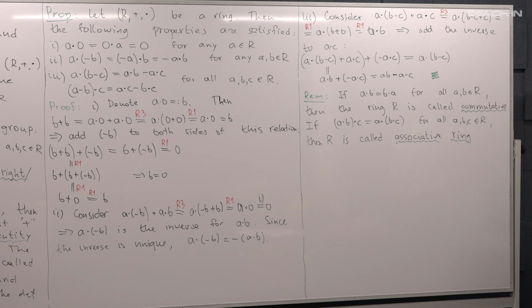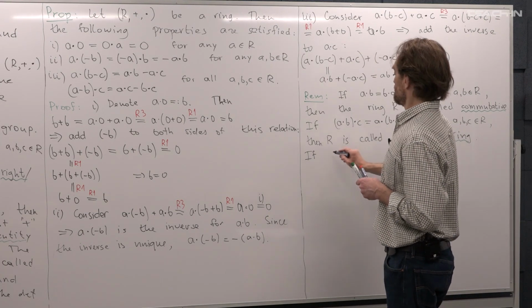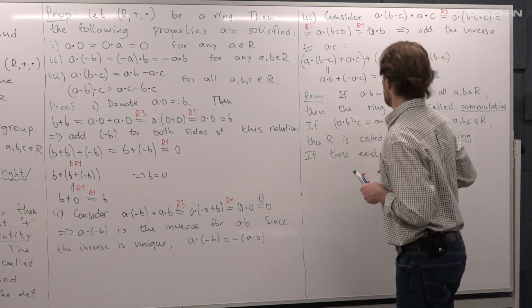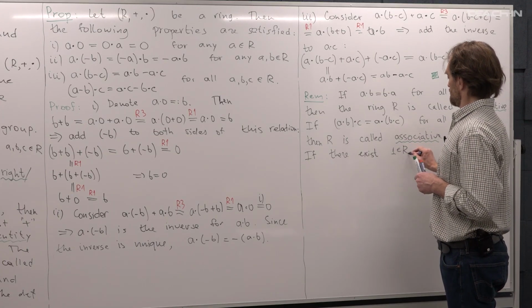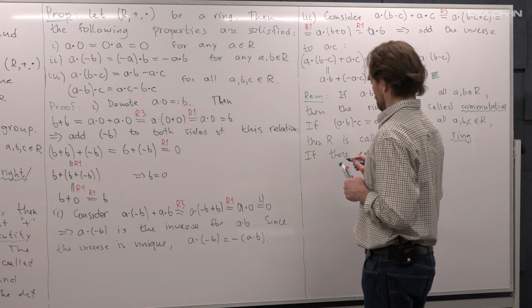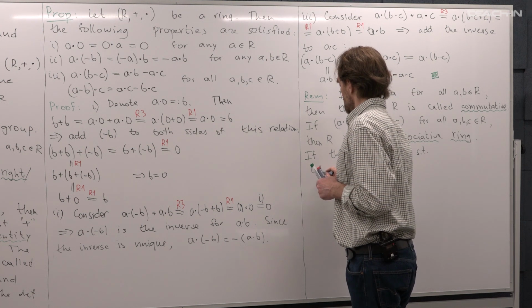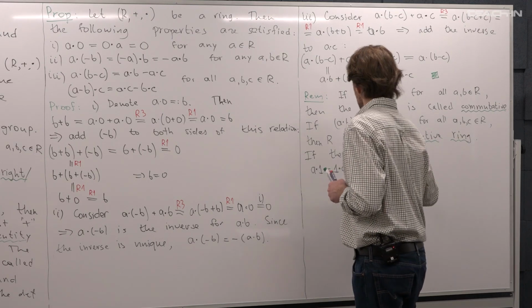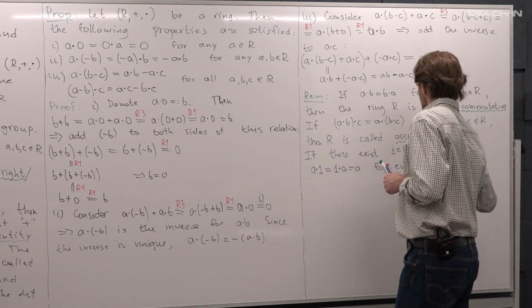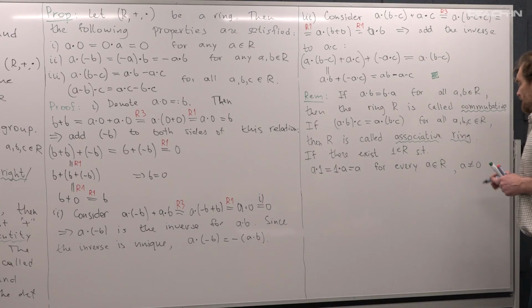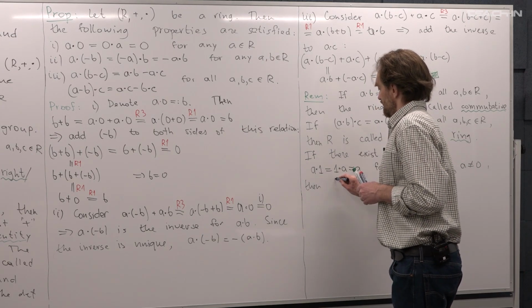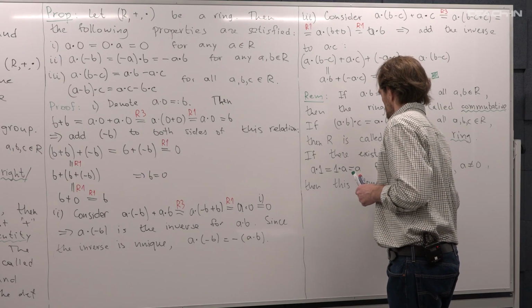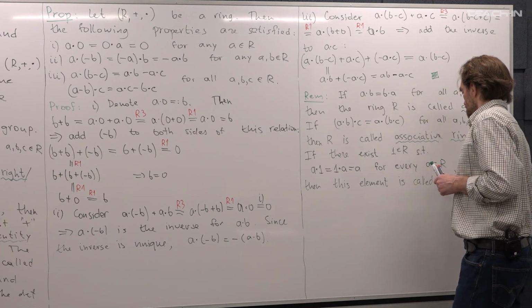So, a ring could be commutative, associative, and if there exists such an element, which I will denote by 1, such that A multiplied by 1 equals 1 multiplied by A equals A for every A from R different from the additive 0, then this element is called the multiplicative identity.